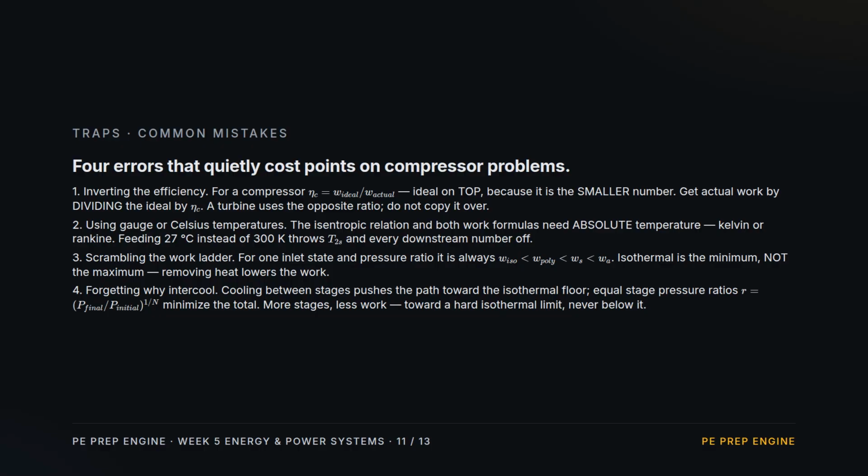Feeding 27 Celsius instead of 300 Kelvin wrecks the exit temperature. 3. Scrambling the work ladder. Isothermal is the minimum, not the maximum, because removing heat lowers the work. 4. Forgetting why we intercool. Cooling between stages drives the work toward the isothermal floor, and equal stage pressure ratios minimize the total.